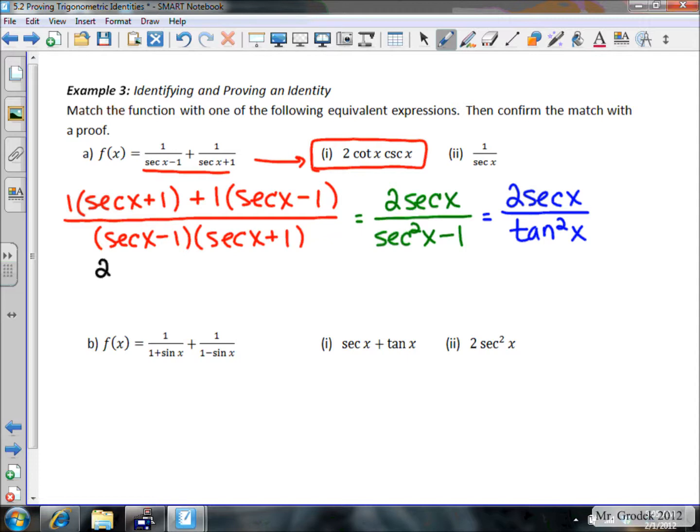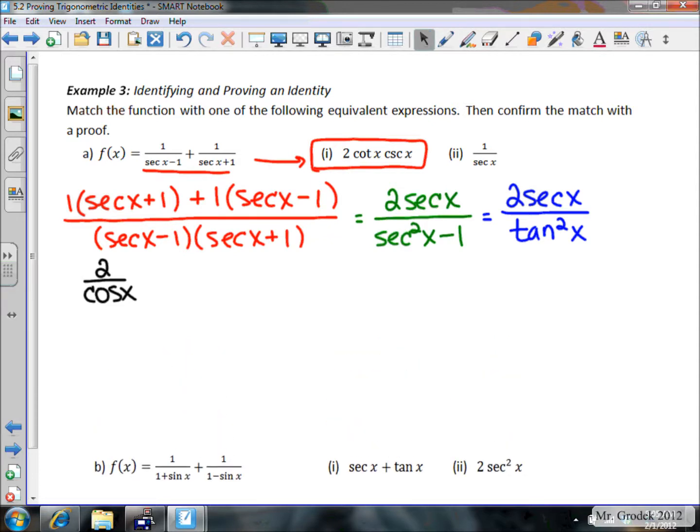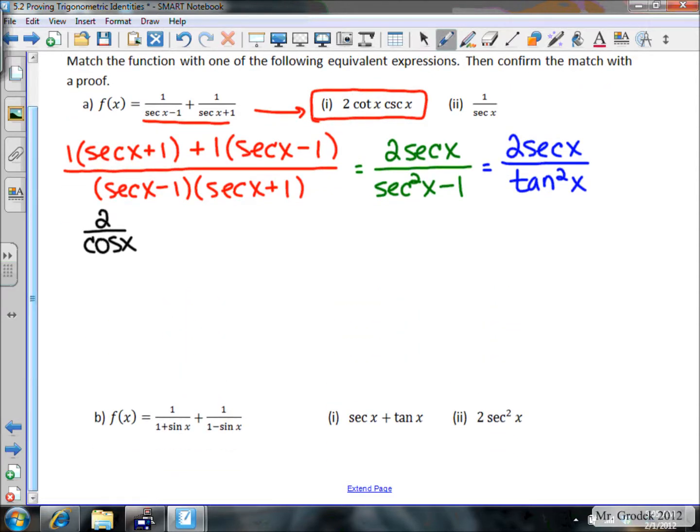So we'll have 2 over cosine of x for 2 secant x, and sine squared x over cosine squared x. Now, because we're dividing by a fraction, we're going to multiply by the reciprocal of the denominator.